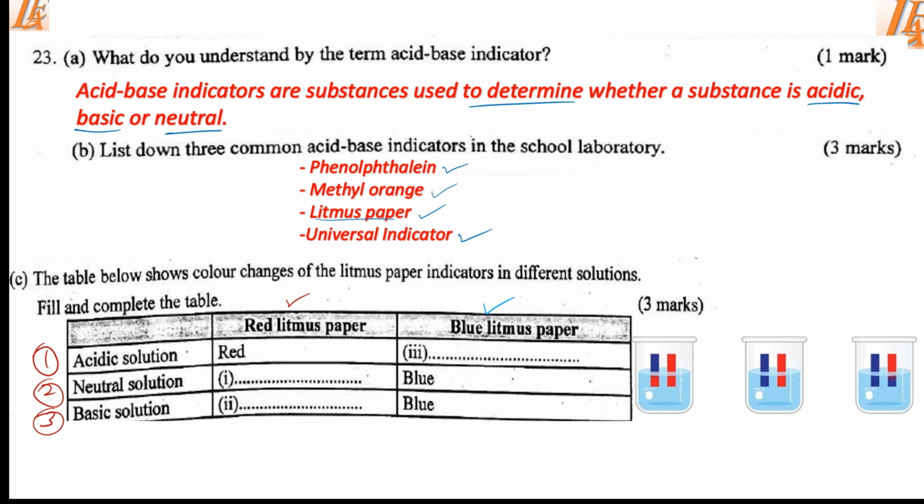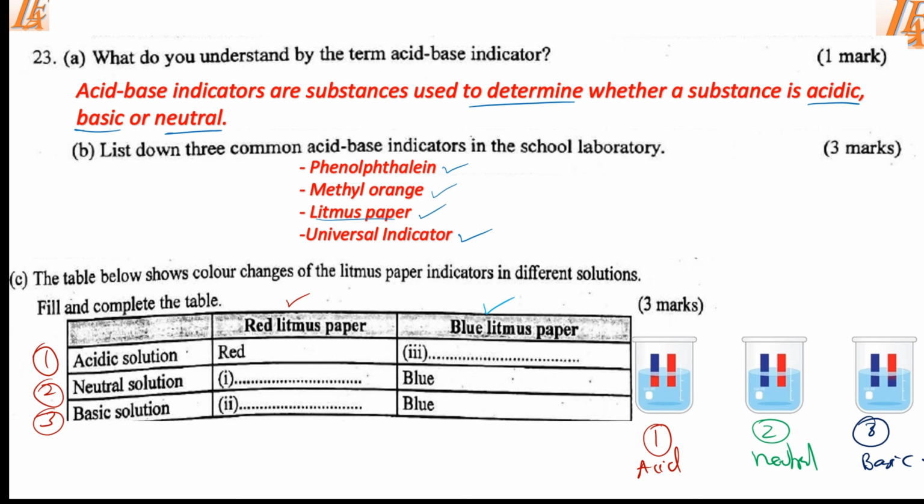In this case, we have the first one here, which is an acidic solution. Then the second one here is a neutral solution. Then the third one here is a basic solution. Then we have litmus papers inside.